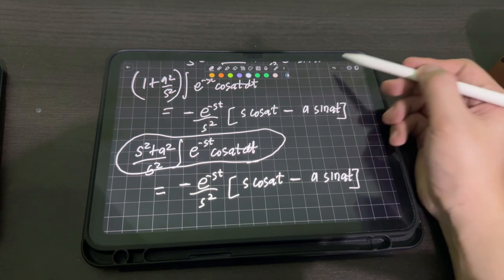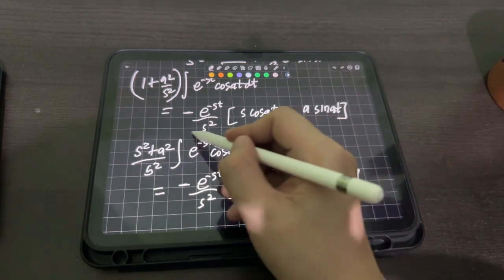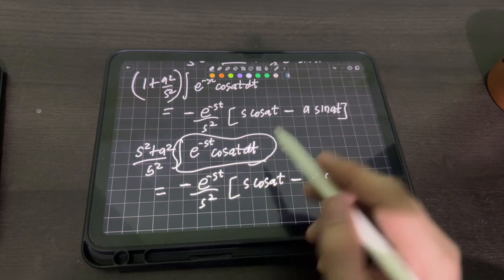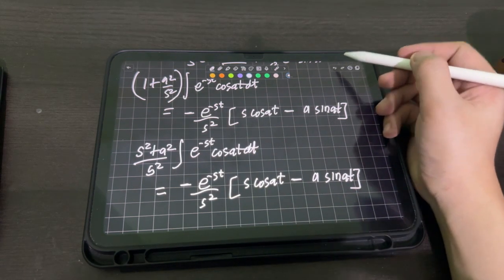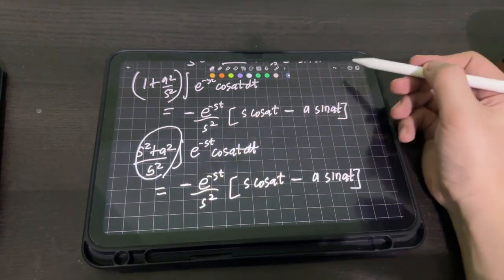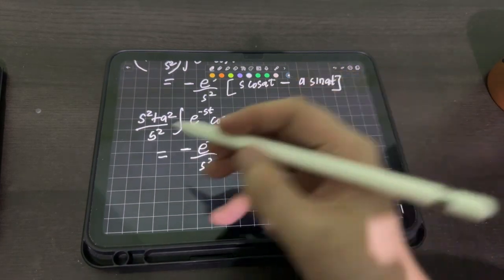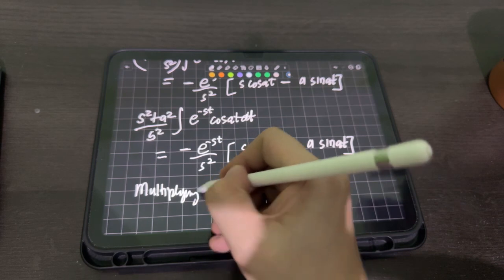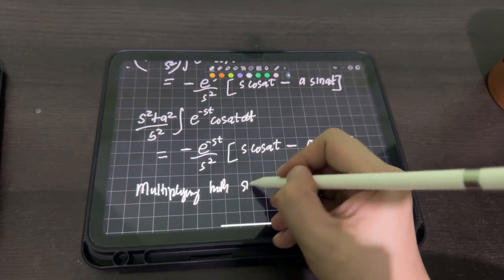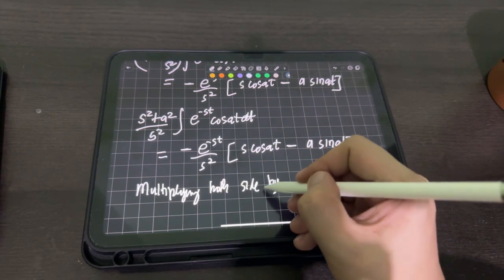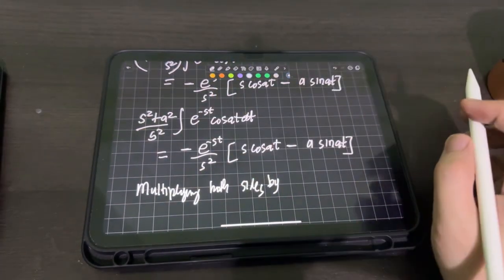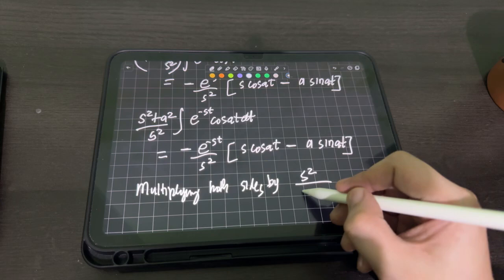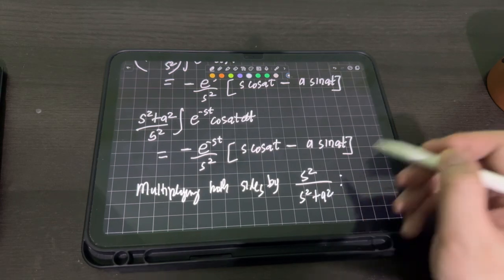What do we want to solve? Only this integral of e to the negative st cosine at dt. So we eliminate its coefficient, s squared plus a squared over s squared. How? By multiplying both sides by the reciprocal of s squared plus a squared over s squared. So its reciprocal is s squared over s squared plus a squared, right?